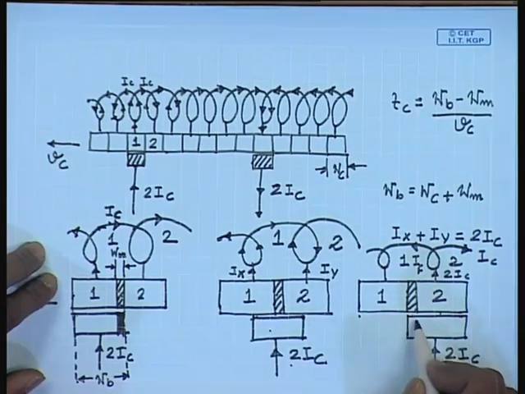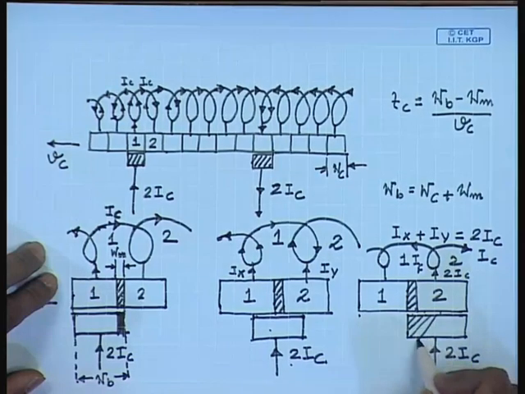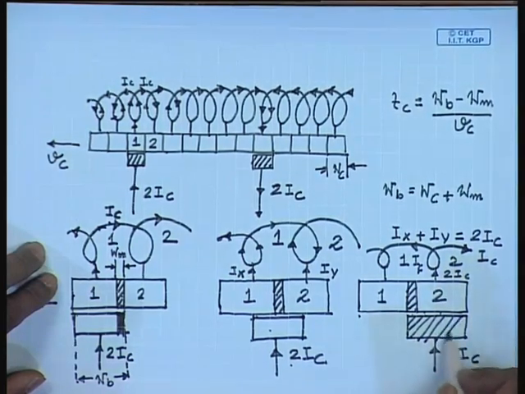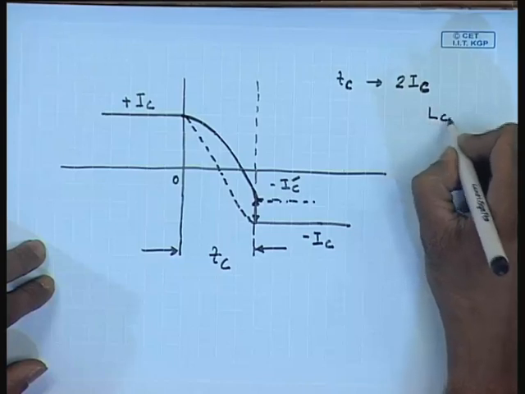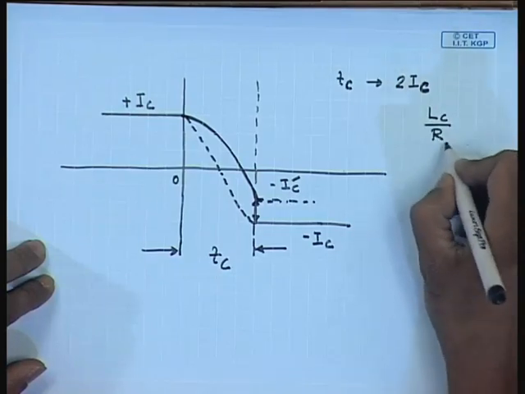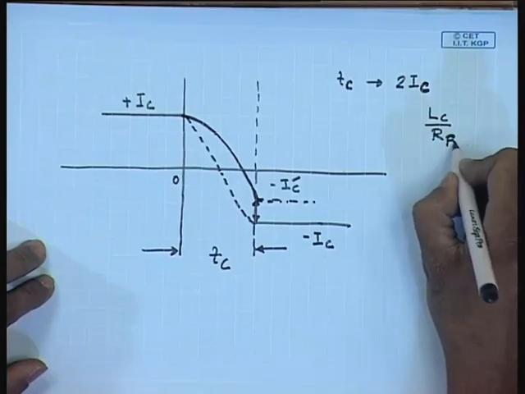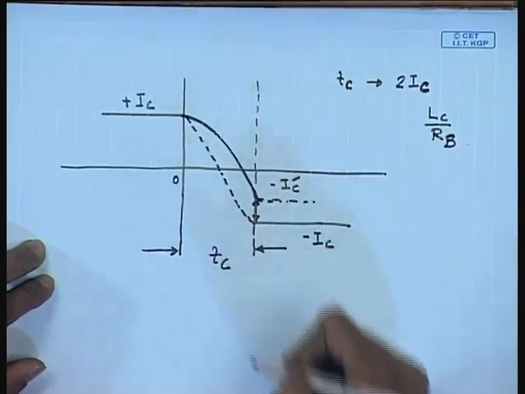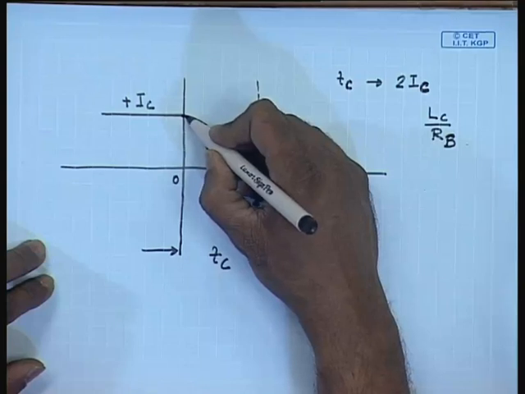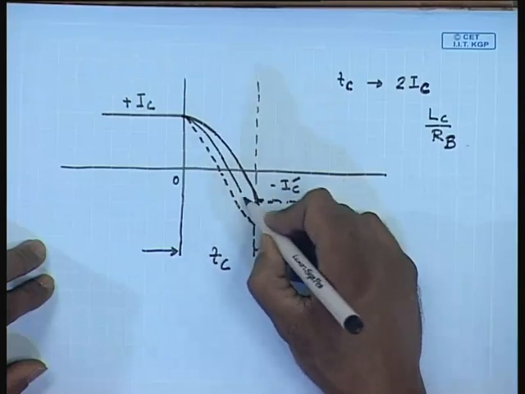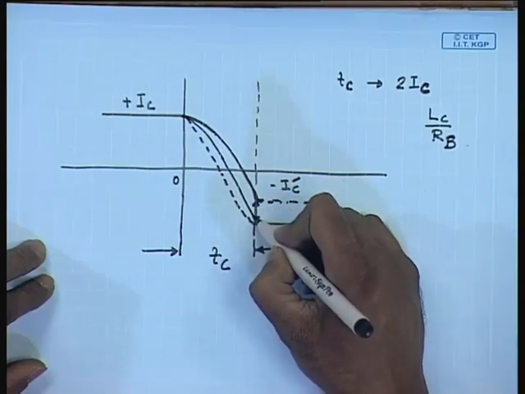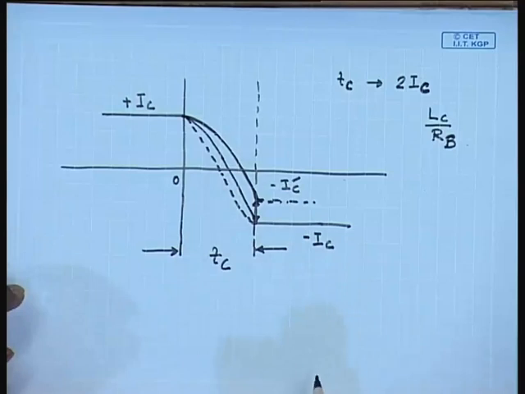If the brush resistance along with the contact resistance is large enough, then the time constant formed by the leakage inductance of the coil and the brush contact resistance will be small, which will hasten the change in current in the coil undergoing commutation and will reduce spark.